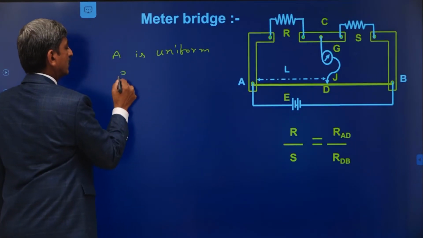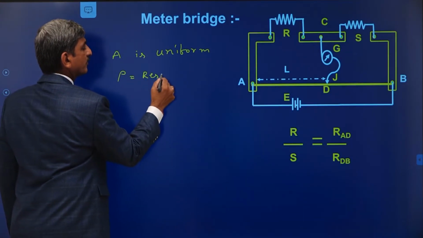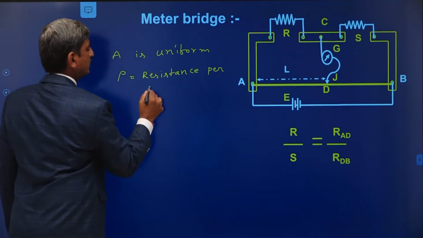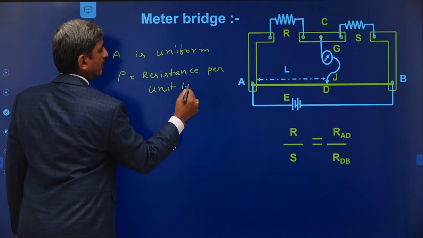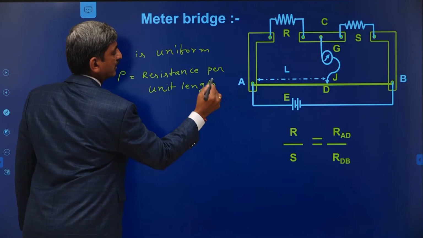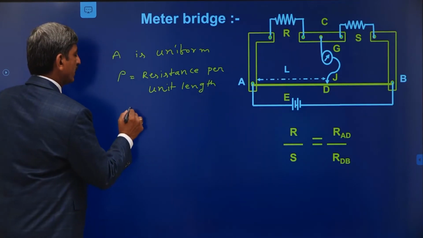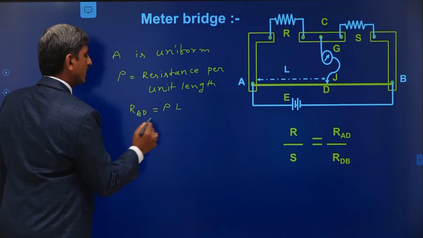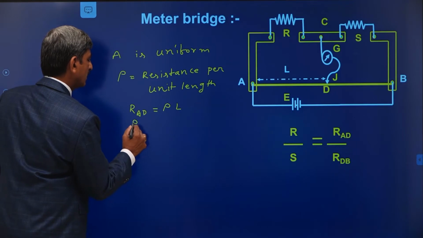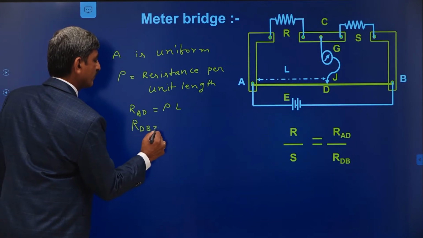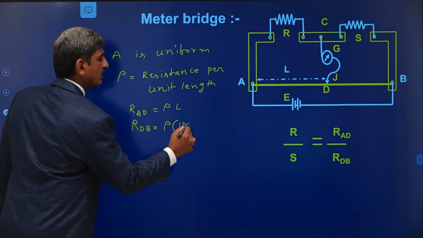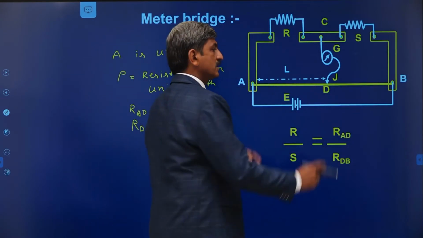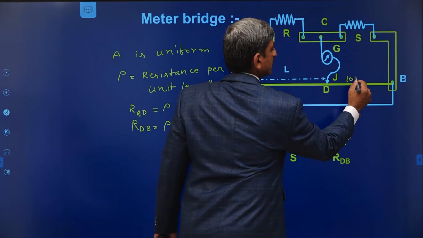And suppose rho is the resistance per unit length, then the resistance of the AD portion is equal to rho L, and the resistance of the DB portion is given by rho of 100 minus L. Why? Because the total length of the wire is 100 centimeters. If this is L, this is 100 minus L.